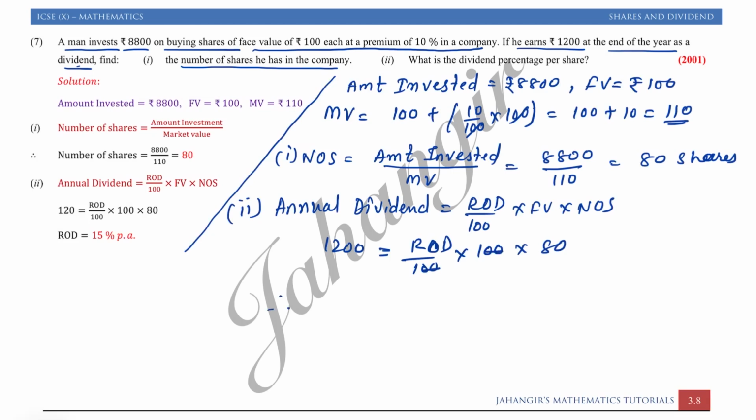So ROD is equal to 1,200 upon 80, zero cancels, 15% per annum. Whenever you are writing rate of dividend, because here they say at the end of 1 year, it means the rate should be annual, so we write per annum.